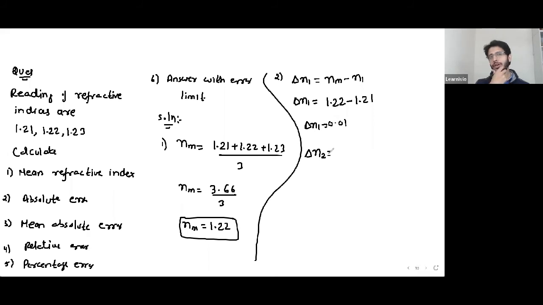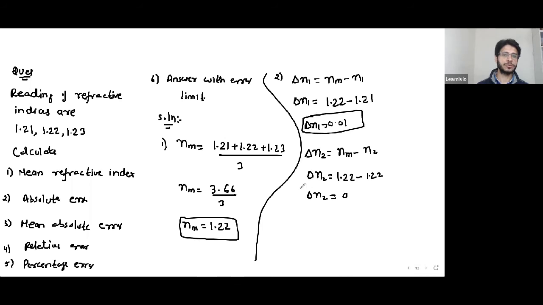Next, you need absolute error in second quantity. So it's again mean value minus n2. So the absolute error in second quantity is, mean value is 1.22. Second quantity is again 1.22. So there's no absolute error in second measurement. This is absolute error in first measurement. This is 0. No absolute error in second measurement.